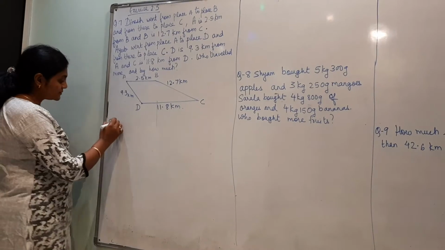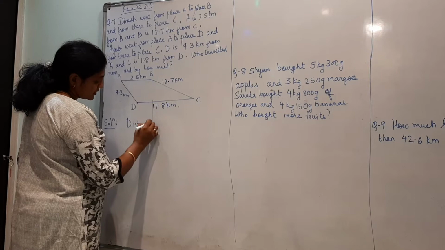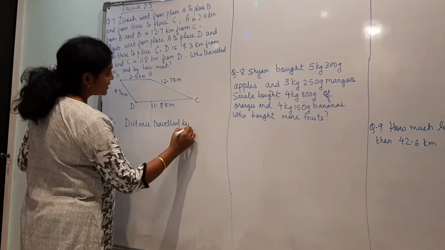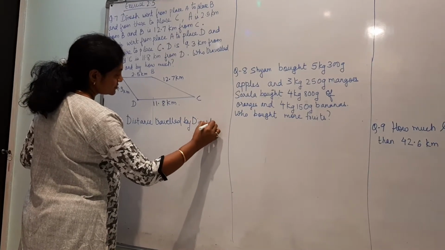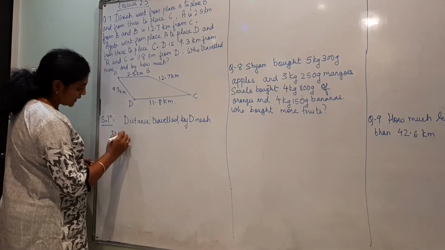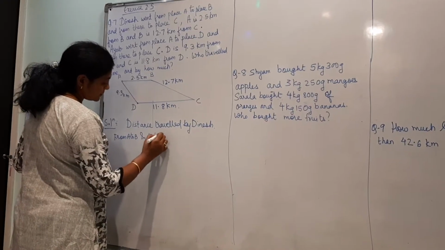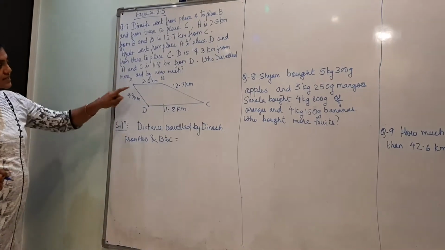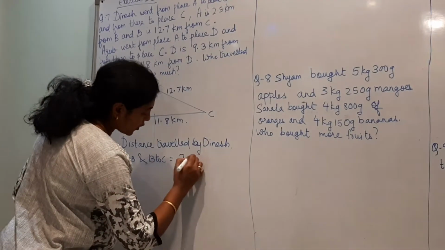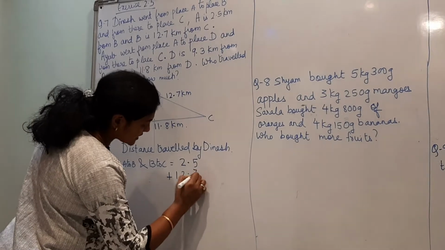So solution: distance travelled by Dinesh. So this is from A to B and B to C. So distance from A to B and B to C, how much is it? 2.5 plus 12.7 kilometer.